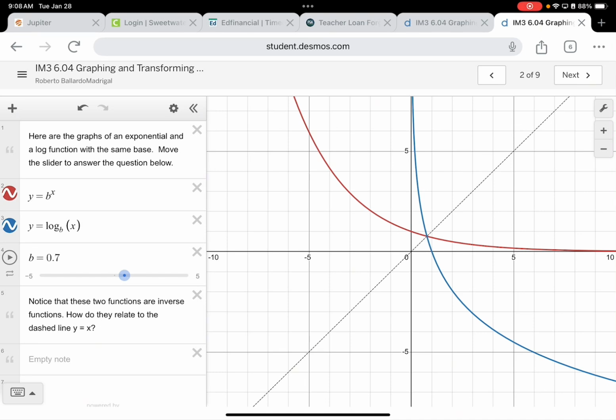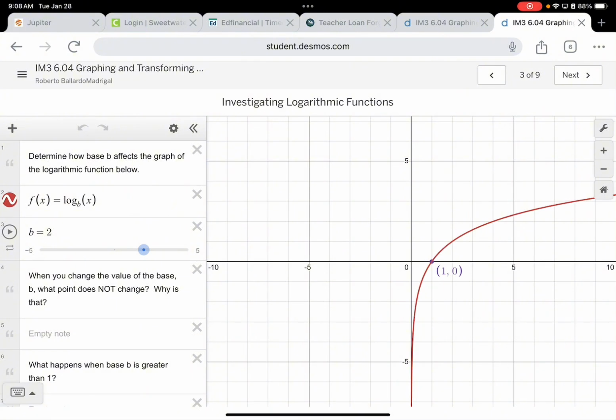I also want to show you guys what happens when I make my base equal to exactly 1. Do we see a curve on the graph anymore? No, we don't see anything. We just see the point (1, 0).